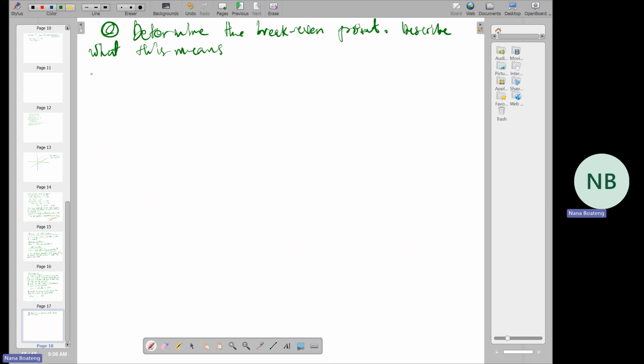Right, so the break-even point is the point where the cost and revenue equal each other.